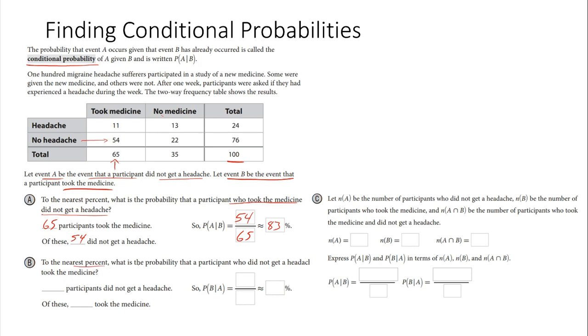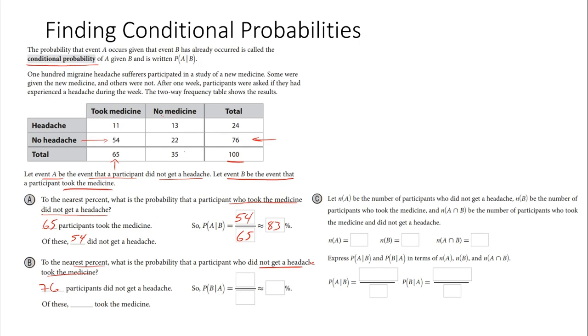To the nearest percent, what is the probability a participant who did not get a headache took the medicine? Sorry, the H and E got kind of run off there. So how many participants did not get a headache? We got 76. But out of those, how many took meds?